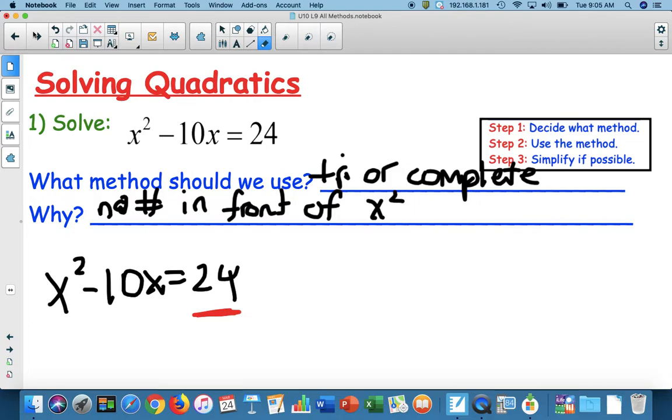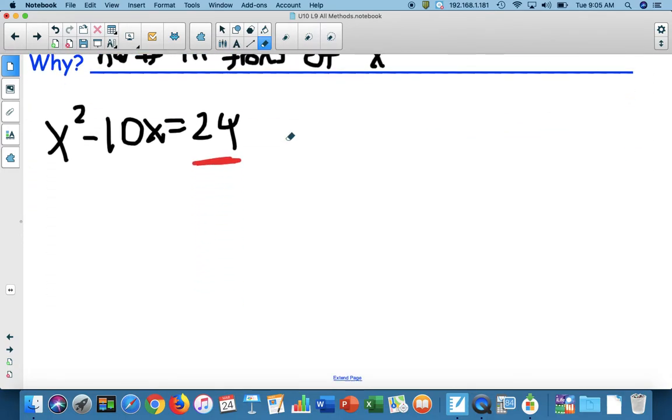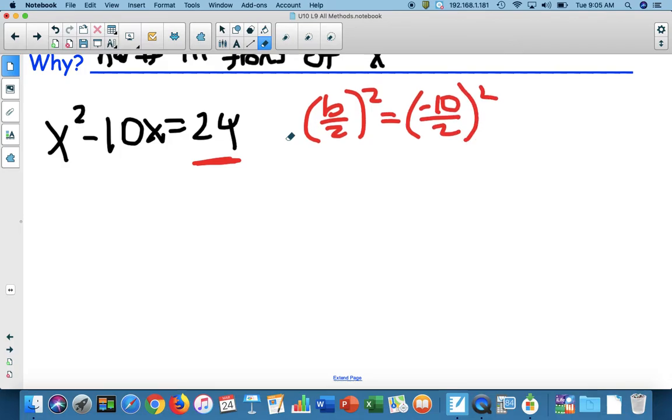So since it's moved over, we can just go from here, okay? We have our b, which is negative 10. So remember, b over 2 squared, which is negative 10 over 2 squared, which is negative 5 squared, which is 25. Alright. So we're going to add 25 to both sides here.